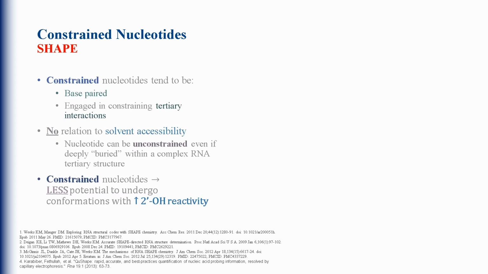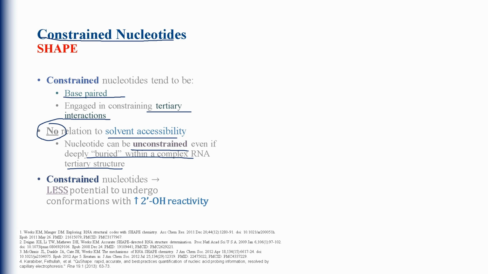Just as we had flexible nucleotides, we have constrained nucleotides. These tend to be base paired, and they tend to be engaged in constraining tertiary interactions. Now, you have to keep in mind that there is no relation here to solvent accessibility. Nucleotides can be unconstrained even if they're deeply buried within a complex RNA tertiary structure.